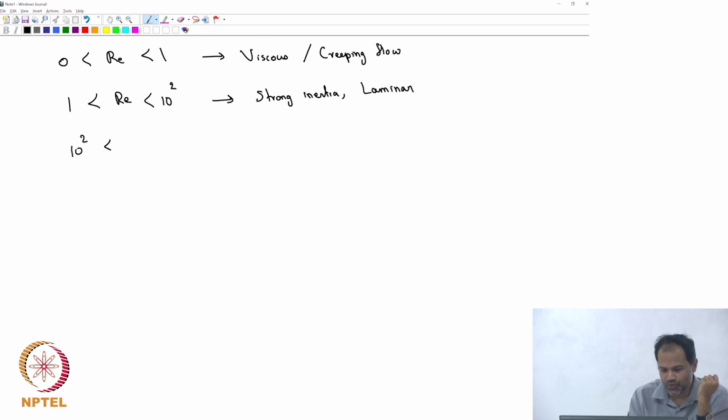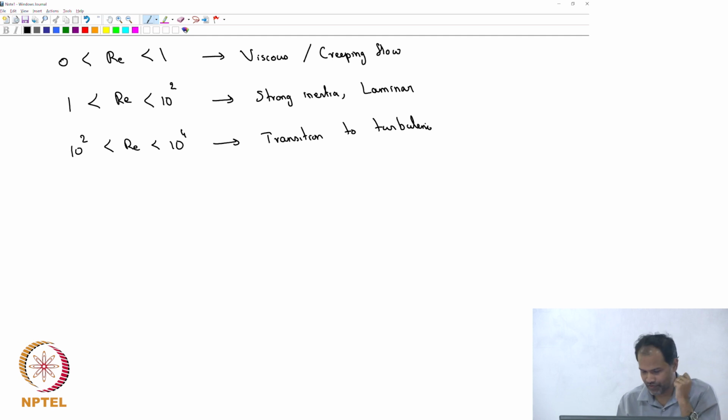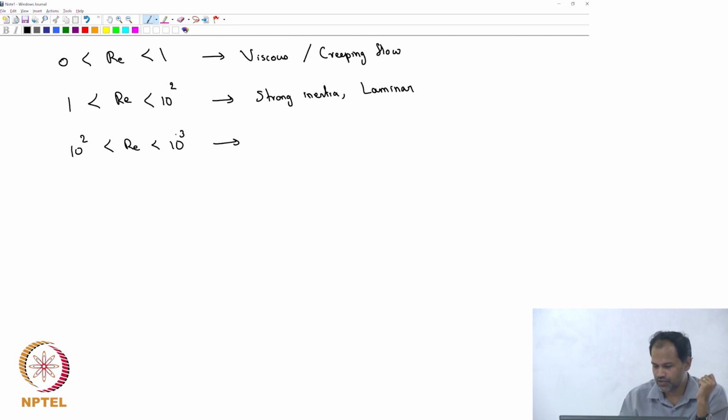Between 10 raised to 2 and 10 raised to 4 you have the transition to turbulence. In fact, you could have one more in between, let's say 10 raised to 3. Up to there you have strong inertia, but something called laminar boundary layer theory is useful.